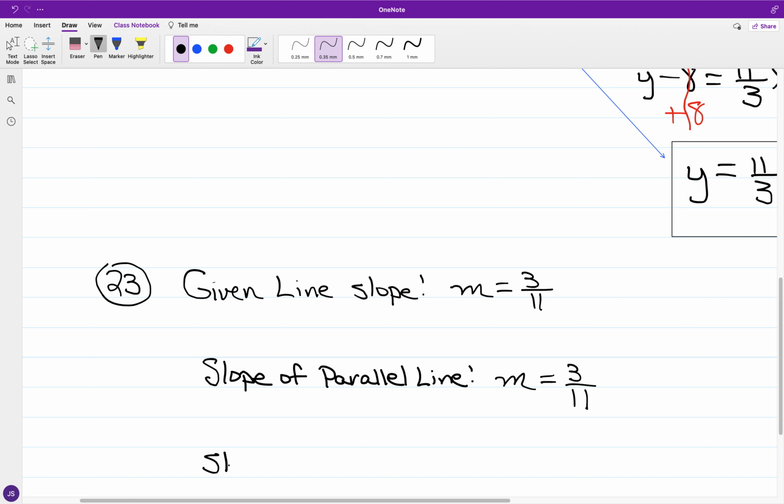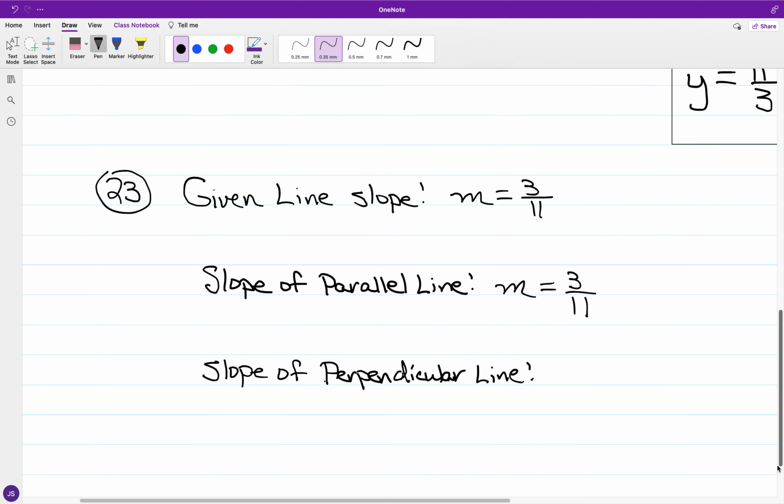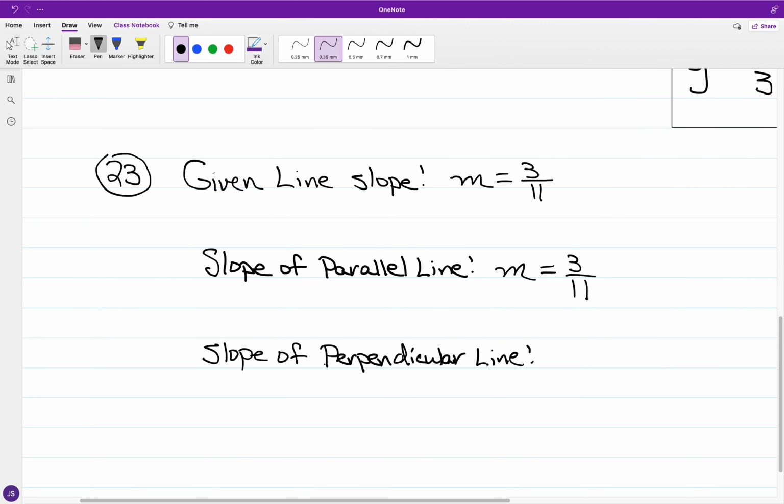And as for the perpendicular line slope, we're not going to have the same slope. And again, for perpendicular lines, the slope values will have opposite sign reciprocal relations.